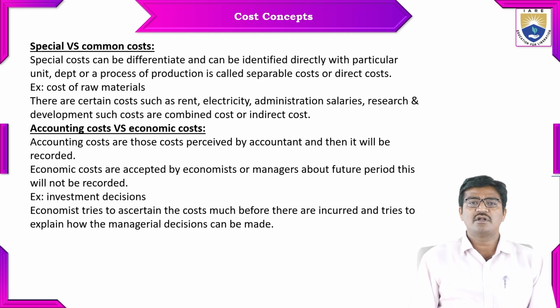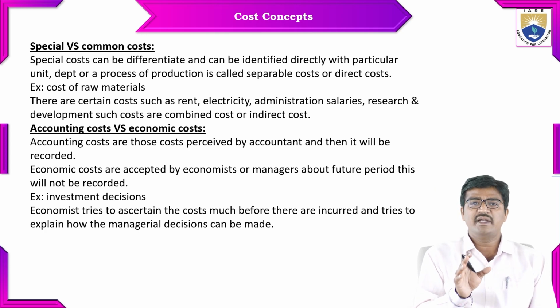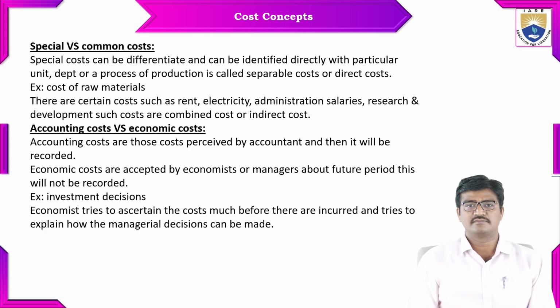And common costs are those costs which are incurred in common on behalf of all the departments or all the products. Those are called common costs. For example, to manufacture a product, you need to incur some quantity of raw material. That raw material quantity is unique for each and every type of product. So the raw material cost is a special cost.